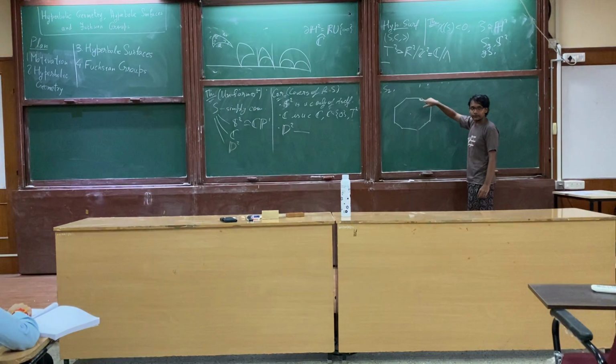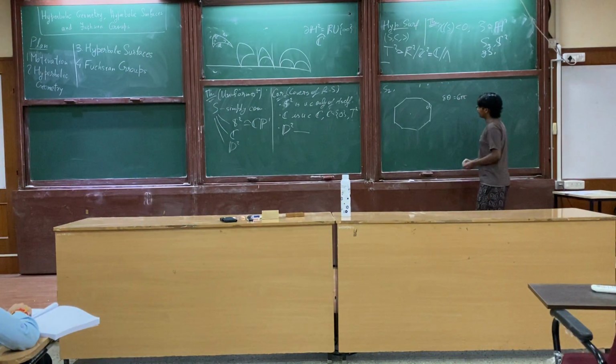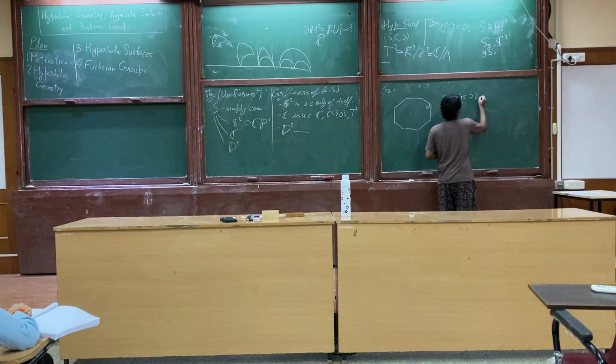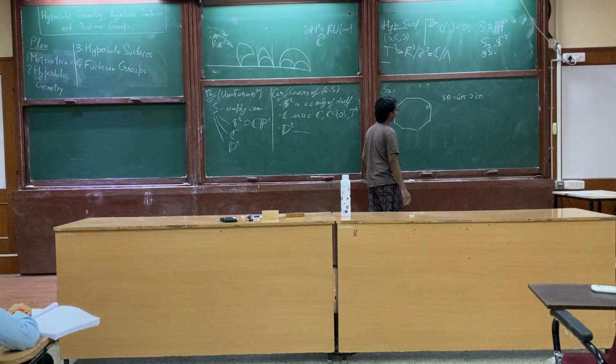Right? That's clear? Any point will have 8 octagons. But you can actually check that if you compute this internal angle theta, 8 times theta would, I think, be 6 pi. Yeah, I think this comes out to be 6 pi, which is greater than 2 pi. So this is what indicates that this is not a Euclidean object.